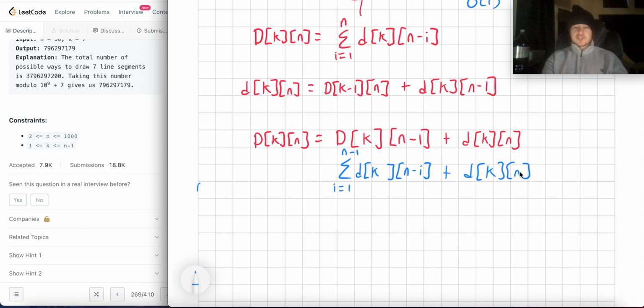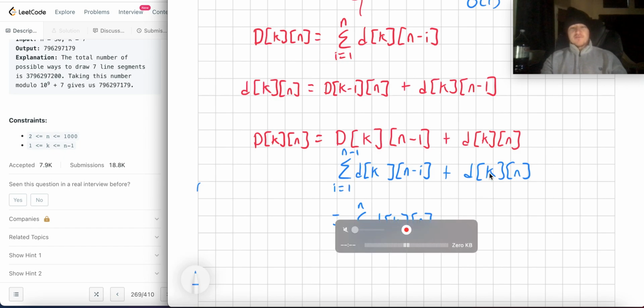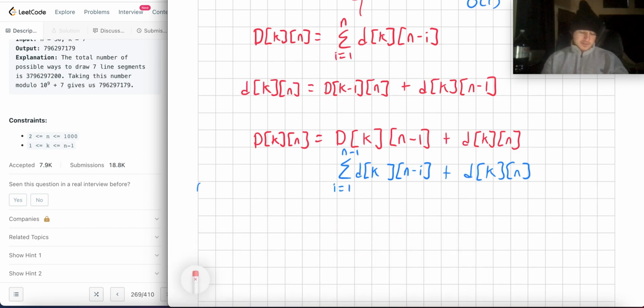Right, this is just the last term of this sum. This equals the sum from i equals 1 to n of dk of n. Right, because this would be the final term of the sum if you just went one past what it was before. Right, so that's dk of n. Very mathematically intensive problem here.